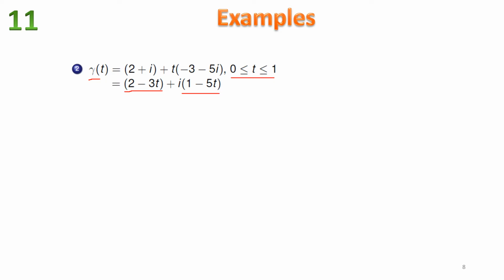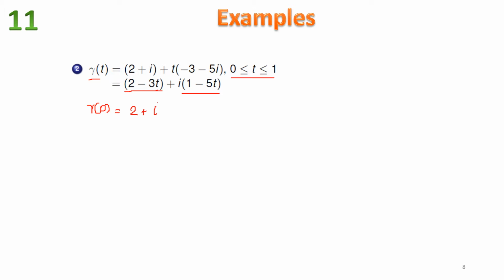Now we shall try to locate this. The initial point is t equal to 0. So gamma of 0 we shall try to identify. So here t is to be replaced by 0. So here we are left with 2 plus i, since t is 0, so 5t will be 0.